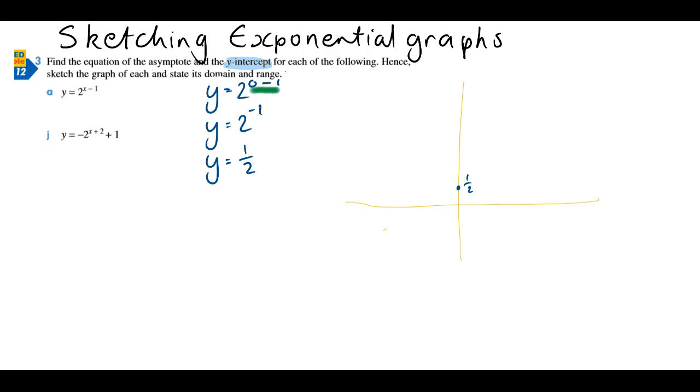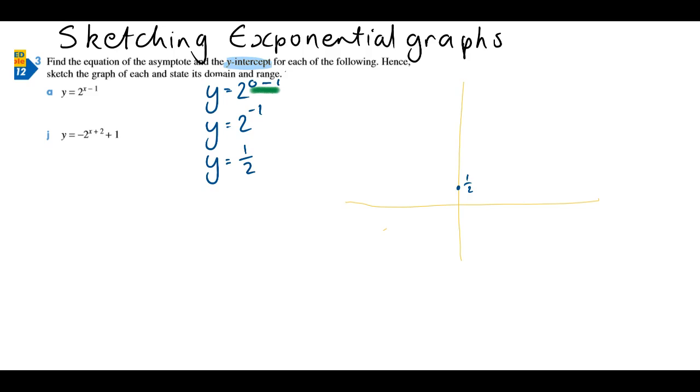Now I've also got to find the asymptote. When x is really small in this one, this is going to become almost nothing. When you get a really negative value of x, the 2 gets halved and halved and halved until it's almost nothing.